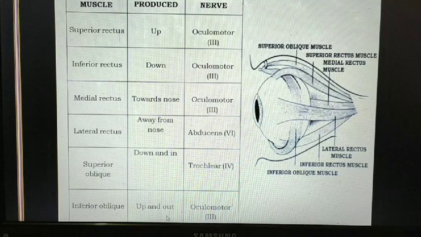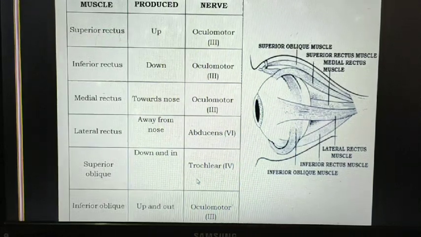The superior rectus, inferior rectus, medial rectus and inferior oblique muscles are controlled by the third cranial nerve, the oculomotor. The lateral rectus muscle is controlled by the sixth cranial nerve, the abducens, and the superior oblique muscle is controlled by the fourth cranial nerve, the trochlear.